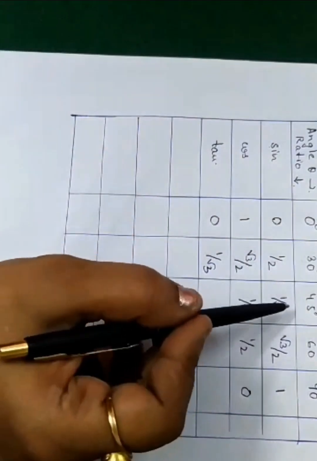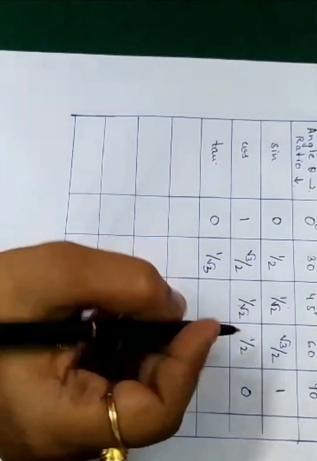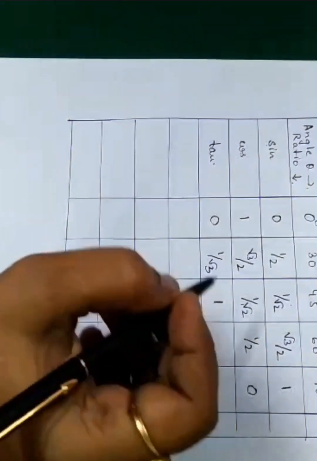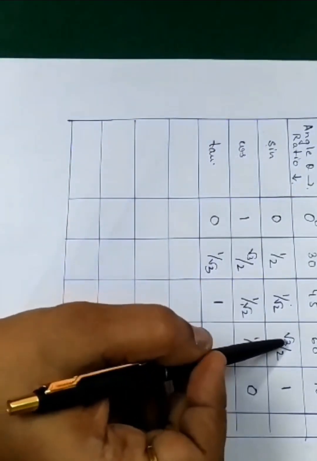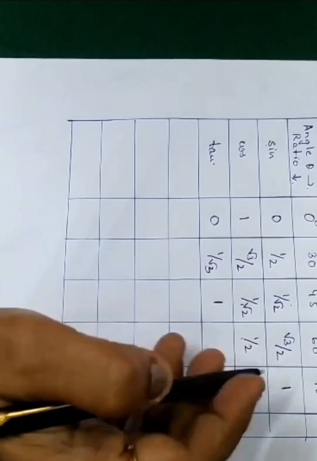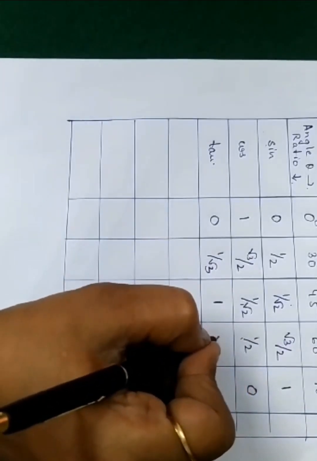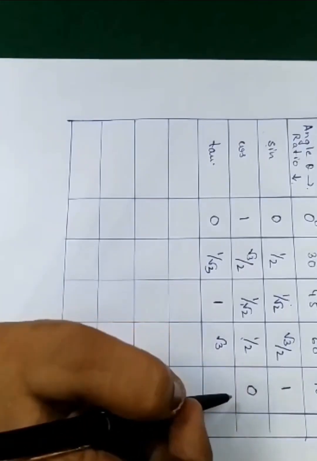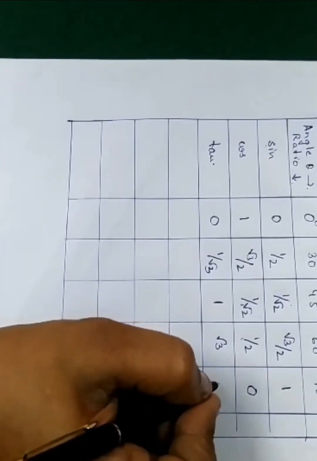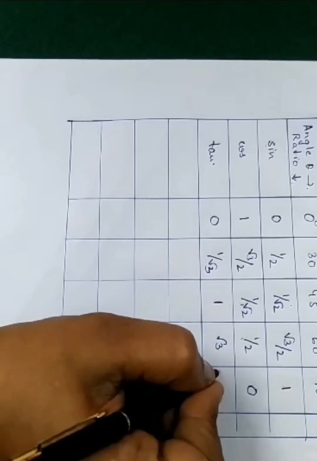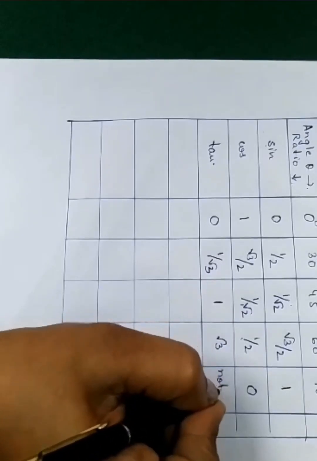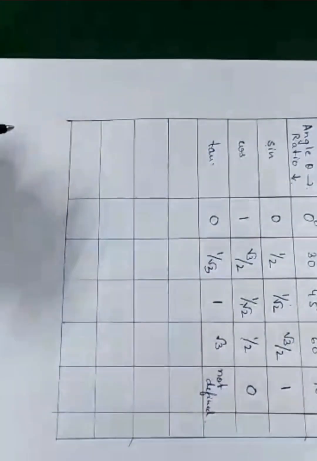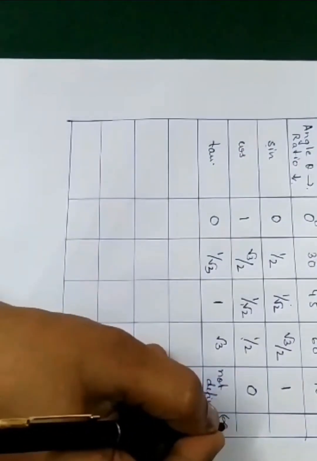Tan 45 is 1 by root 2 by 1 by root 2, that is 1. Tan 60 is sin 60 by cos 60, that is root 3. And tan 90 is 1 by 0, which you can write as infinity or not defined.